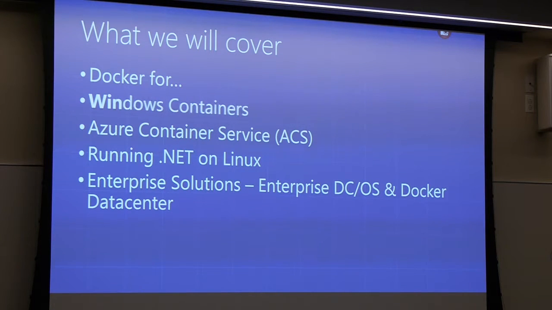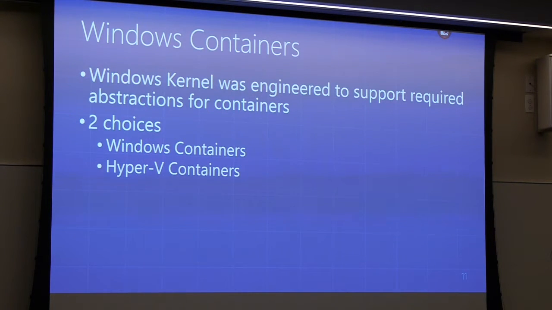Let's move on to Windows containers. Basically, what we did at Microsoft, and I was sitting in there with the engineers, is that the engineers on the Windows team built all the abstractions required to support containers. So cgroups, namespaces, we'll have a really brief look at that.